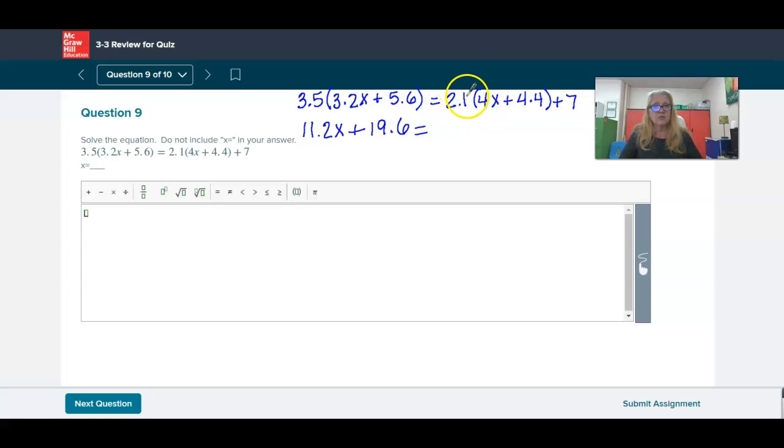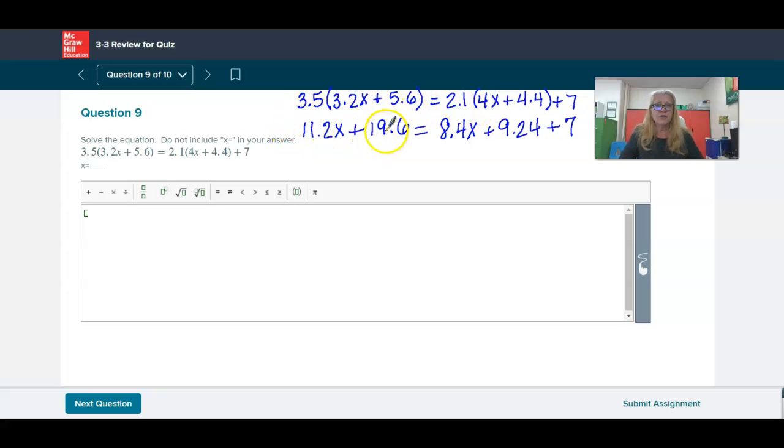On the right-hand side, 2.1 times 4 is 8.4x. 2.1 times 4.4 is 9.24, and that is also positive. And then plus 7. It's pretty nasty with the decimals, but at least they did us a solid and didn't give us any negative numbers in this one.